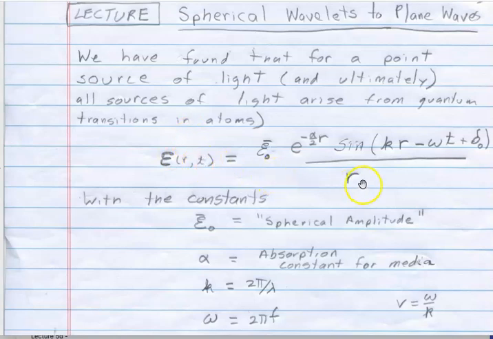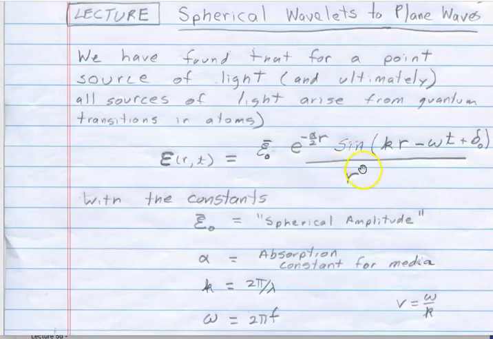If you remember, because of the 1 over r squared fall off of the intensity and the fact that the intensity of light is proportional to the amplitude squared, we get that the electric field in our case falls off as 1 over r with distance.